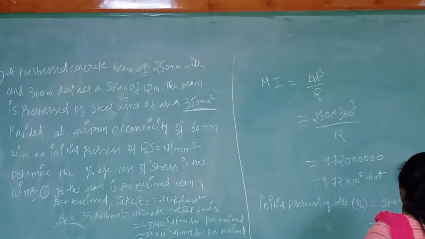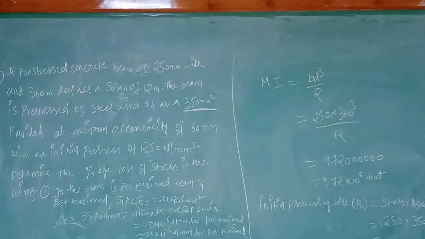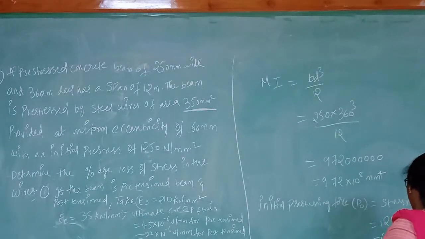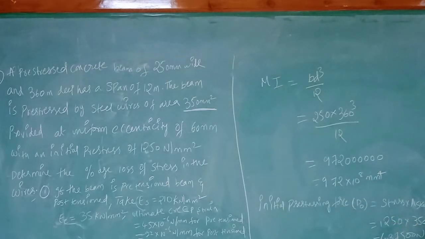So how much are you getting here? 1250 into 350, that is 437,500 Newton. 437,500 Newton is your P naught value.